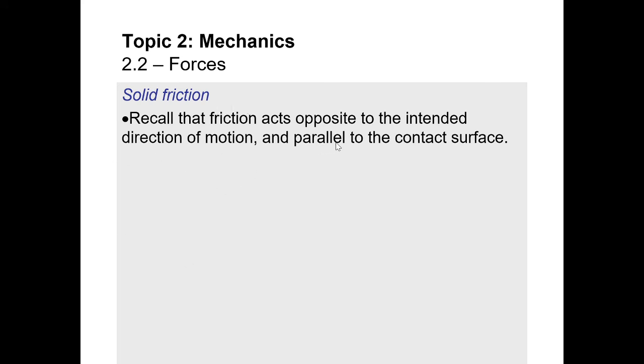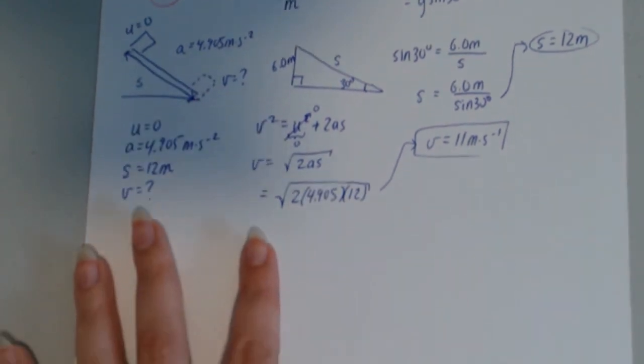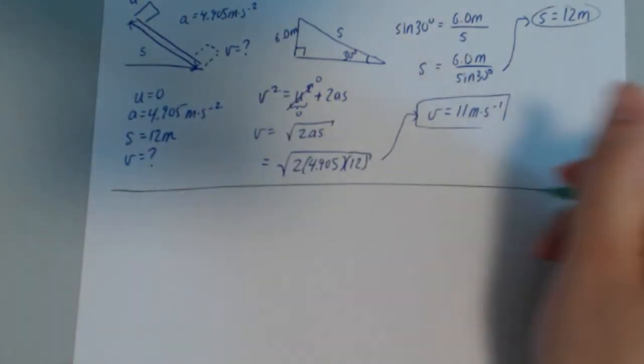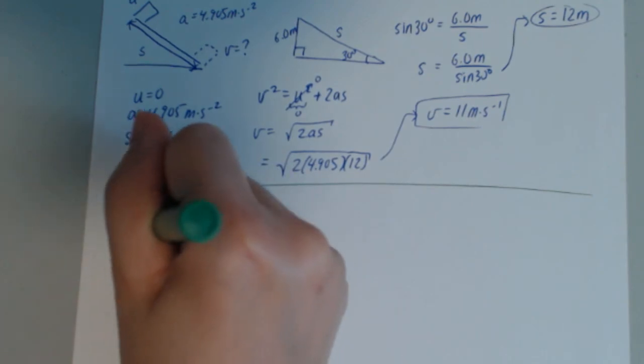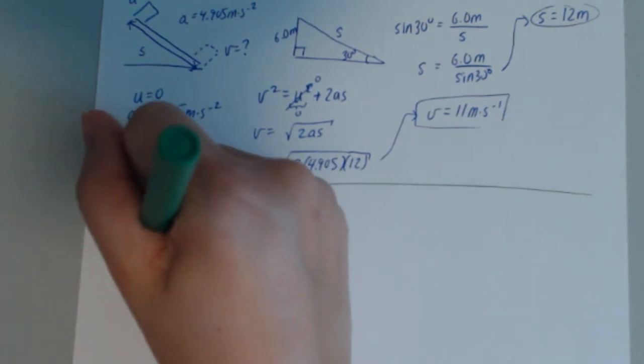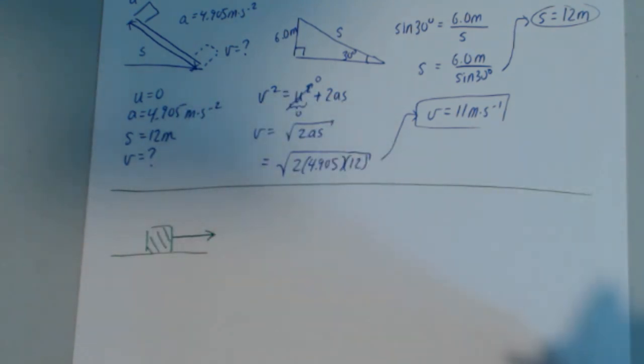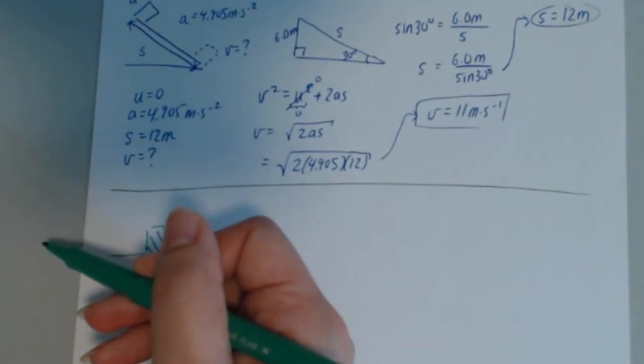Now, friction is always parallel to the contact surface and always acts opposite to the direction of motion. Let's just see for a second what is meant by that. What does it mean for friction to act opposite the direction of motion? Well, let's say you have a box sitting on the floor and there's a rope attached to the box and someone pulls on that rope. Where would the resistance be? The resistance would be going in the other direction.